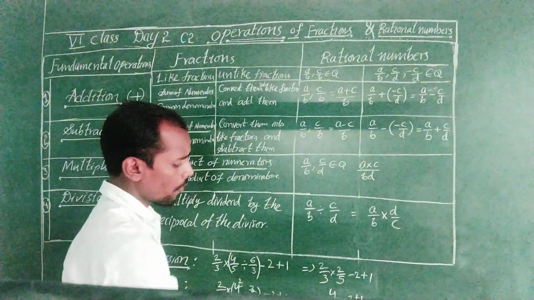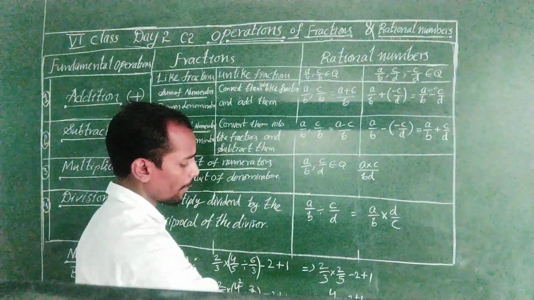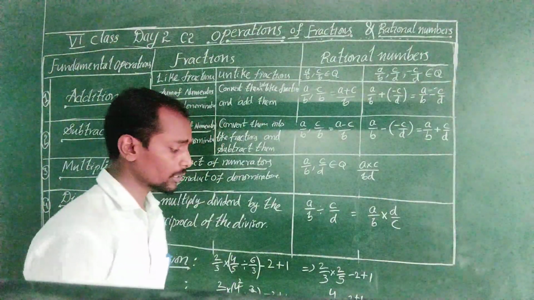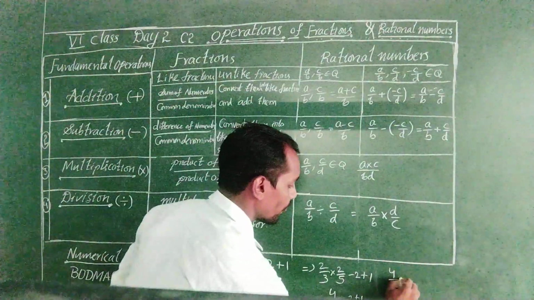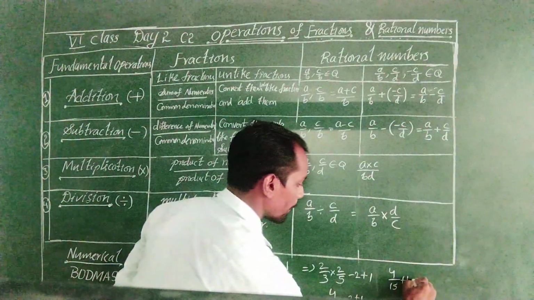Here plus 4 by 15 plus 1, both are positive terms, add them. 4 by 15 plus 1 minus 2.